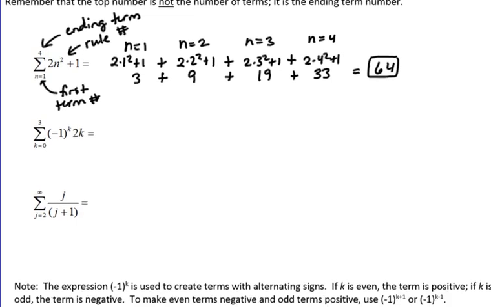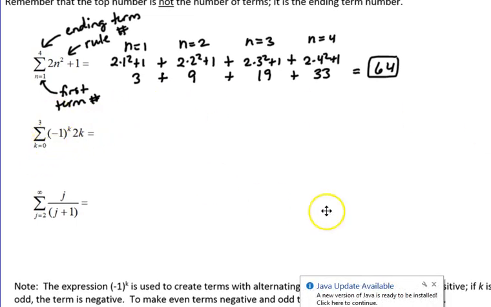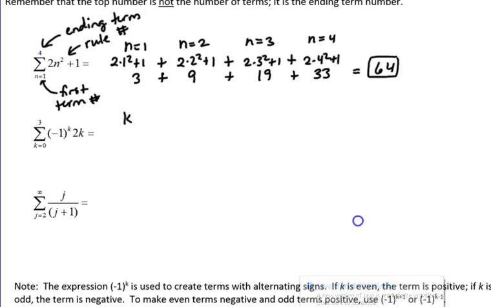Now the next one starts with 0 and goes to 3. This uses the variable k instead of n, so it doesn't really matter what you use. J, k, i, and n are usually the most commonly used variables in summation notation. So I'm going to write my 4 values for my term numbers. So I've got term numbers 0 through 3.